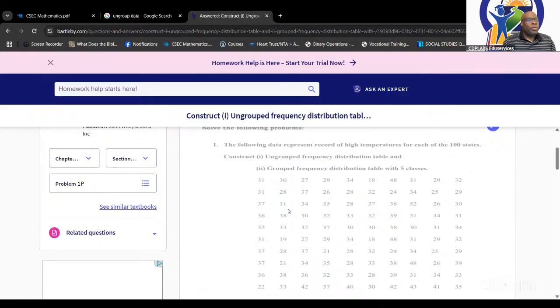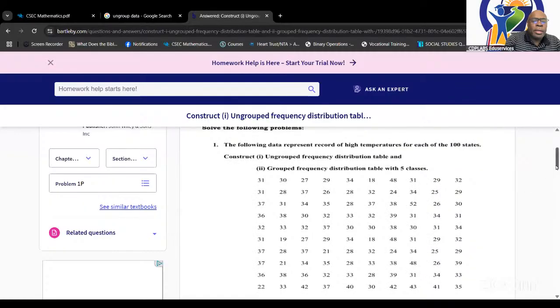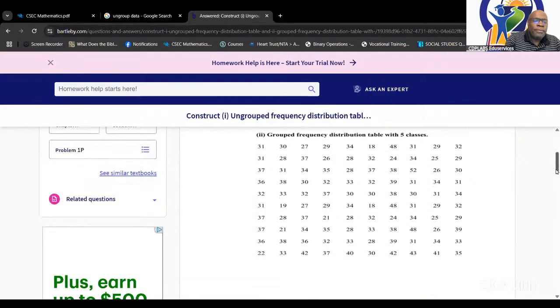But for those persons who are viewing on the YouTube channel, you can go ahead and construct a frequency table for this set of data being collected. So we'll do it for ungrouped data, and then we'll also do it for grouped data.